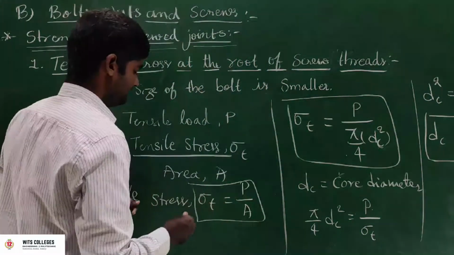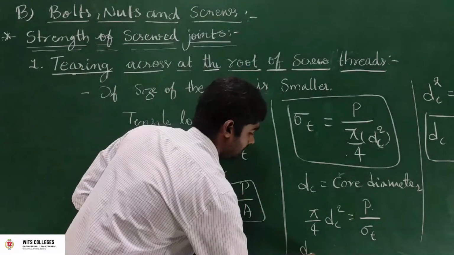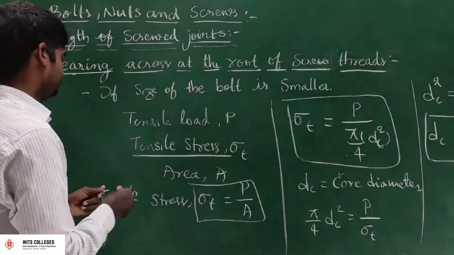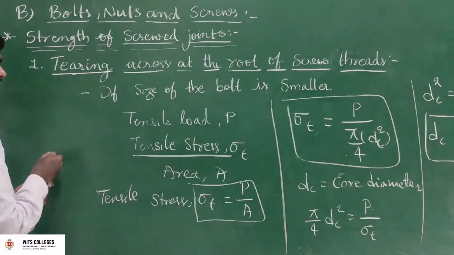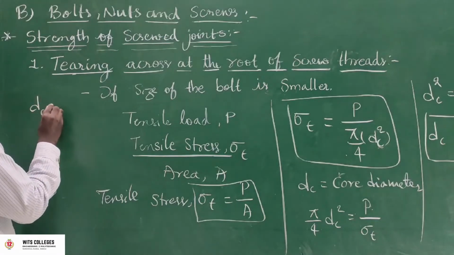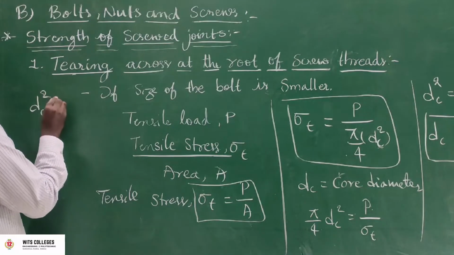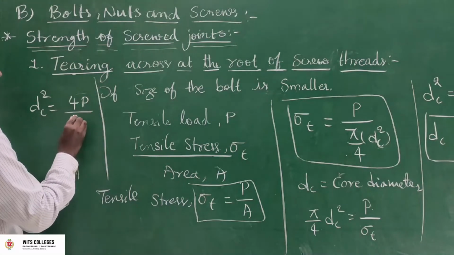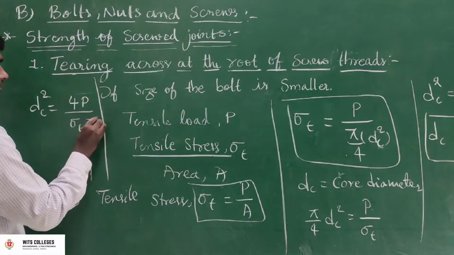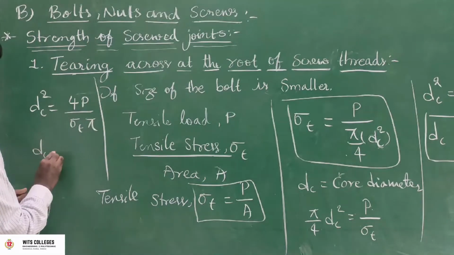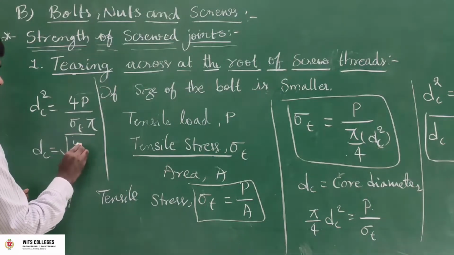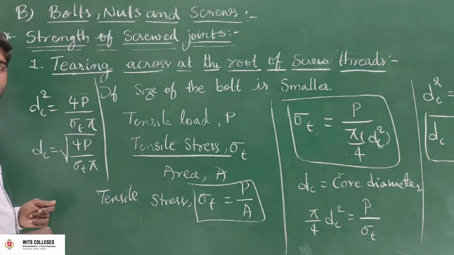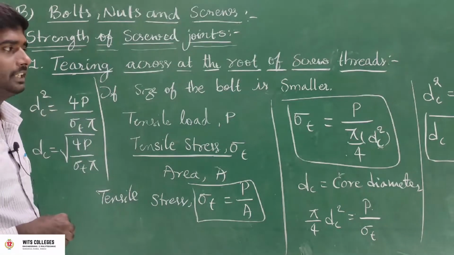Next, dc square is equal to 4P by sigma T into pi. So dc is equal to under root 4P by pi sigma T. Why am I writing again?